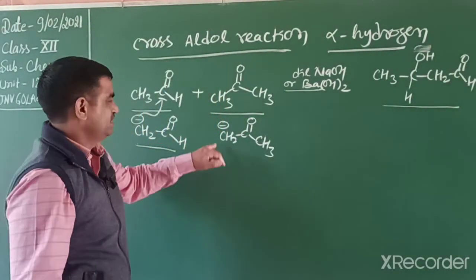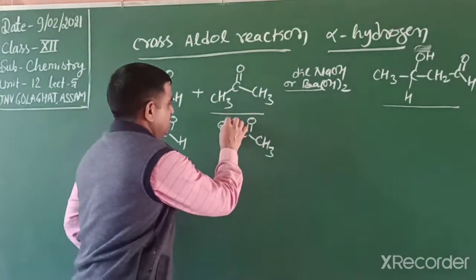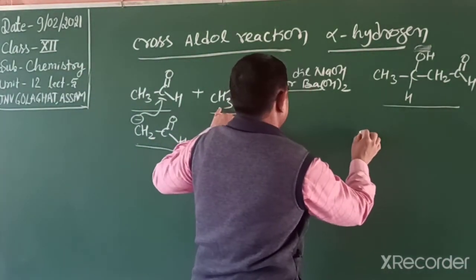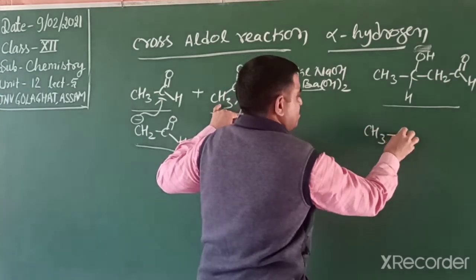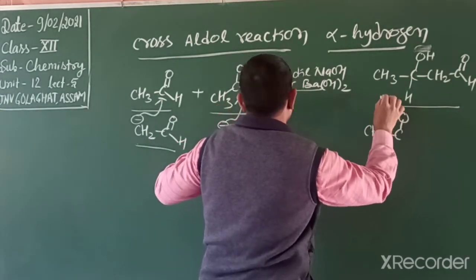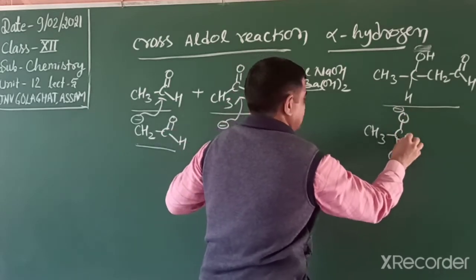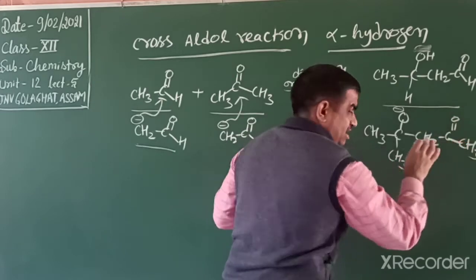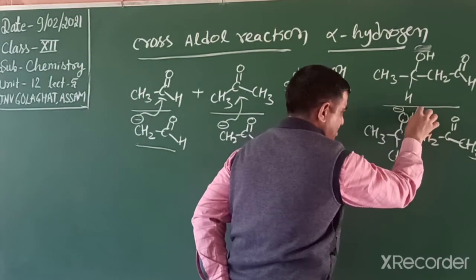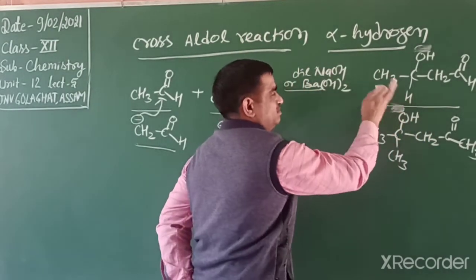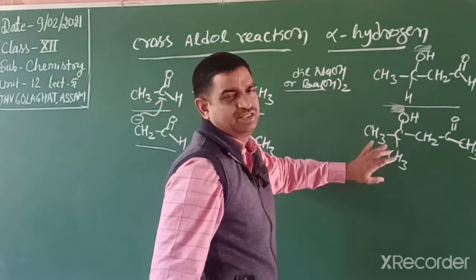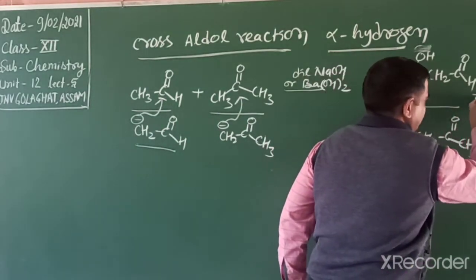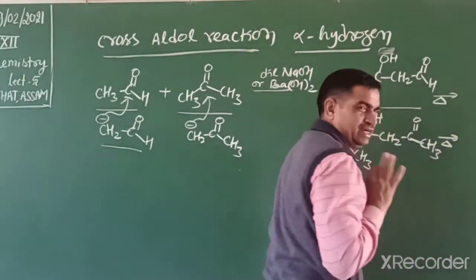For the other aldol product, this carbanion attacks the same molecule. So we write in this way, minus CH3 and other CH2. After some time it abstracts a proton from water, so it changes into a beta hydroxy ketone. These two products are aldol products, and if we heat the substance, it is converted into aldol condensation.